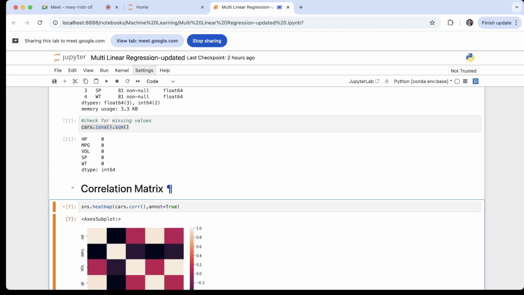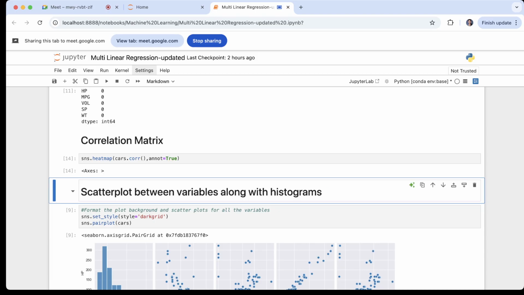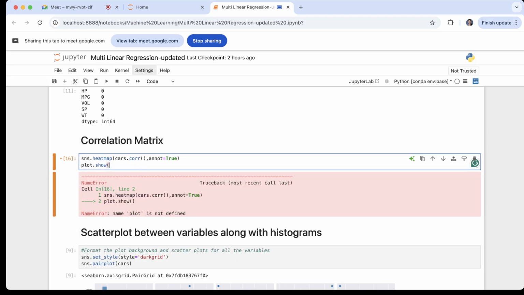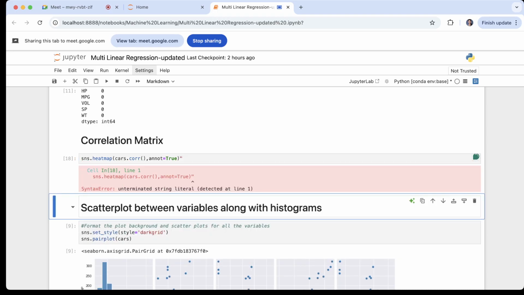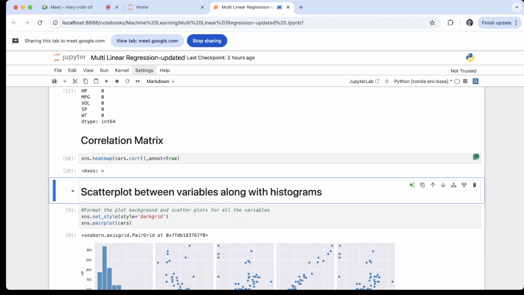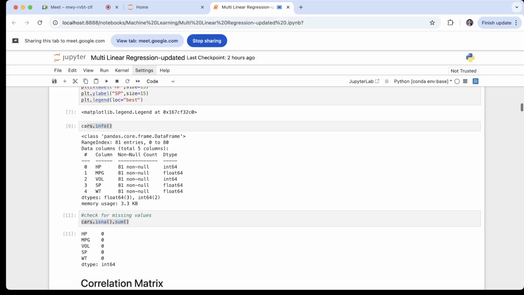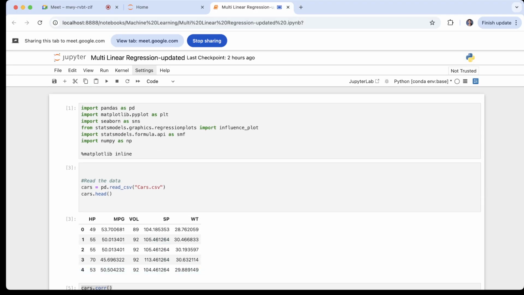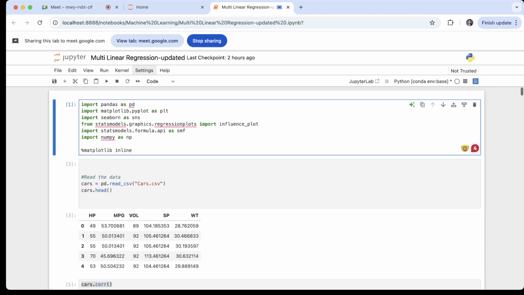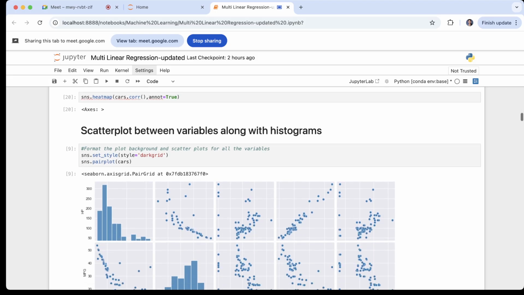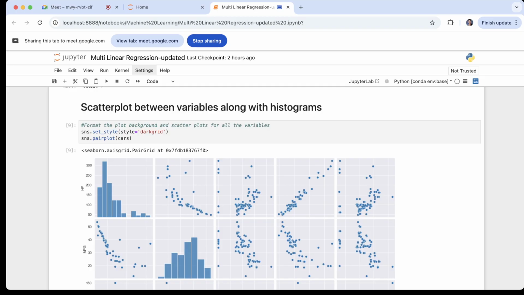So heat map is just to understand the correlation. That's all.